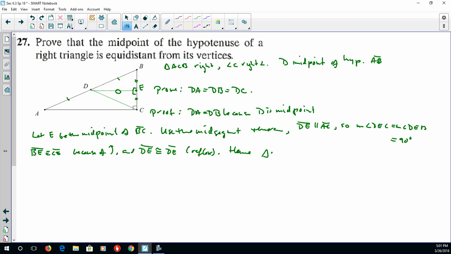Leg, leg. So side DC is the same as side DB. So we're done now. Hence, DA equals DB. Whoops. DA equals DB equals DC.